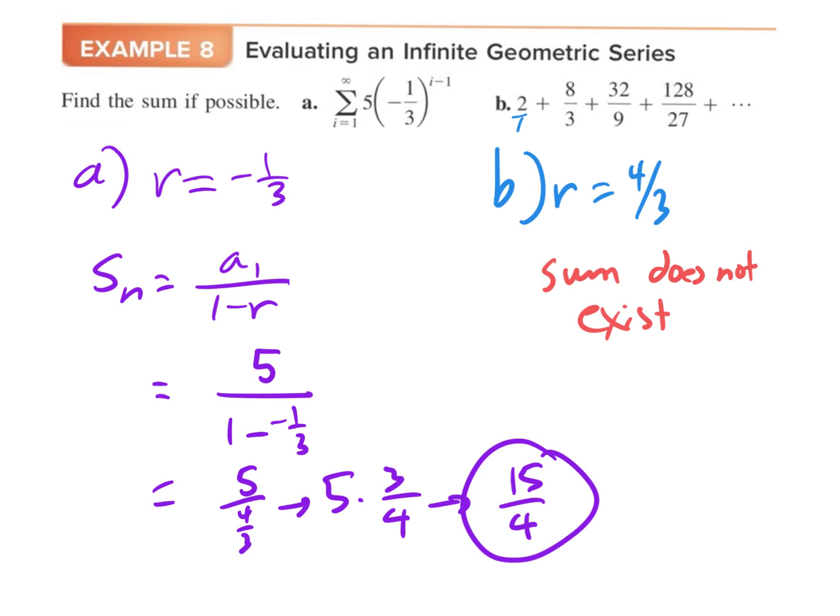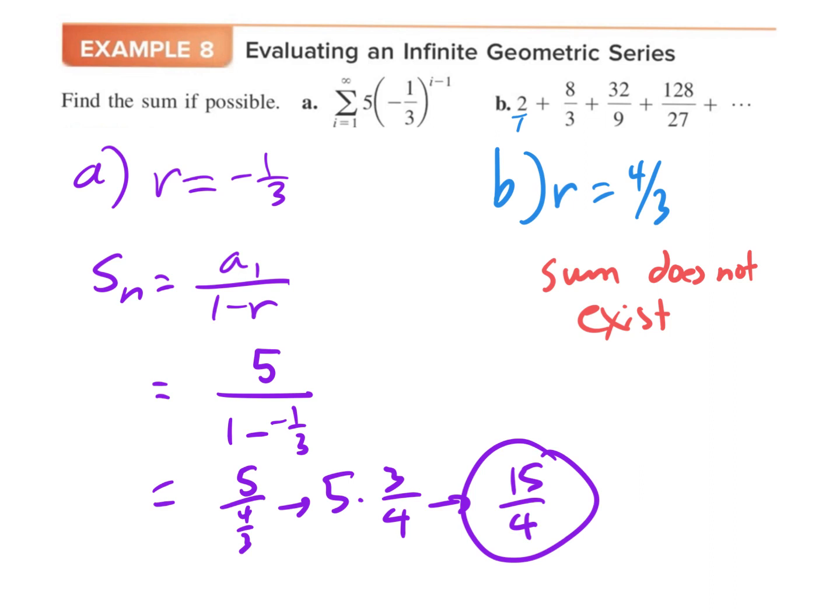So it does that because if I take a number bigger than 1 and I raise it to a really, really large power, that number will continue to grow. And so when you take a number that keeps growing and you add another number to it that is bigger than the number before, it just keeps getting bigger and it doesn't end. So it ends up being infinity.